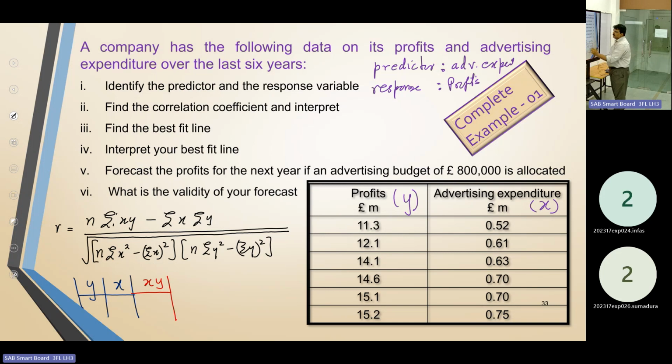Sigma x needed, x is there. Sigma y needed, y is there. Sigma x squared needed, we don't have it, so I will generate x squared. Sigma x whole squared, x is there. Sigma y squared needed, we don't have it, so y squared. Sigma y whole squared, y is there. So three columns we have picked up: xy, x squared, y squared.